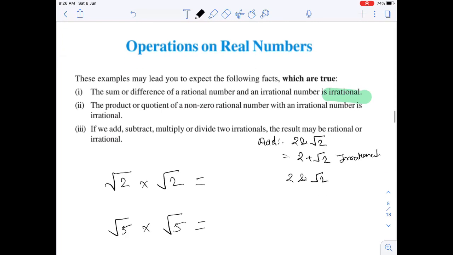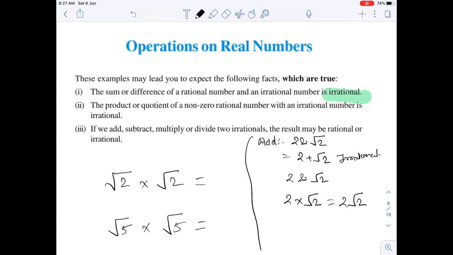When we multiply this 2 with an irrational number, our answer will be 2 root 2. Here 2 root 2 is an irrational number. So what we have learned is that when we add, subtract, multiply or divide a rational number with an irrational number, our answer is always an irrational number.